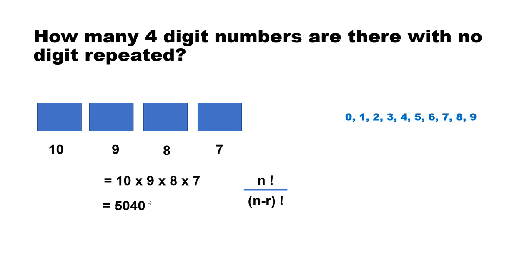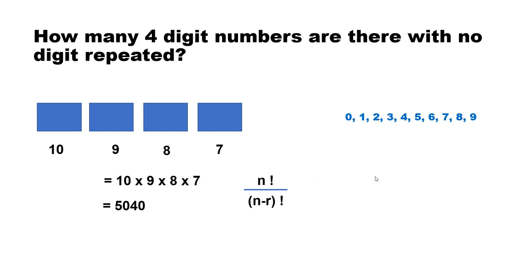Now if we are using the formula method, the formula for permutation is n factorial divided by (n minus r) factorial. In this case, n is the number of digits available and r is the number of digits that we take at a time. So here 4 digits are taken at a time to form a 4-digit number.